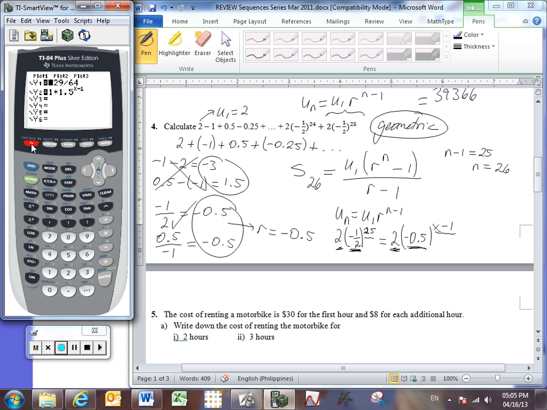I'm kind of curious. So maybe our first expression could be 2 times negative 0.5 raised to the power of 25. And the second expression is 2 times negative 0.5 to the power of x minus 1.